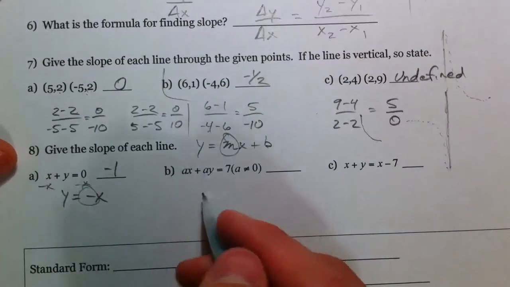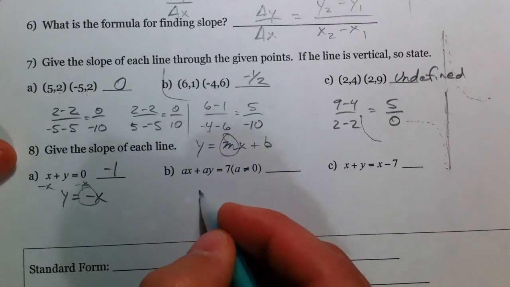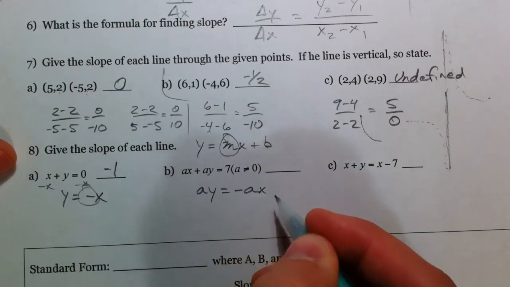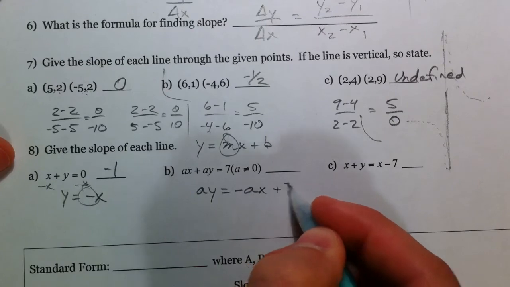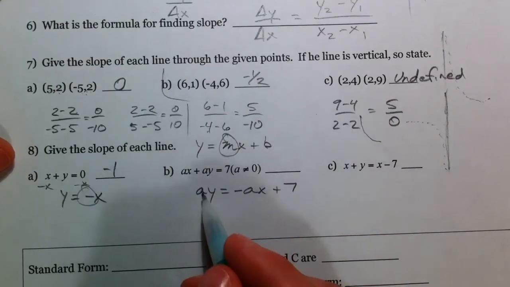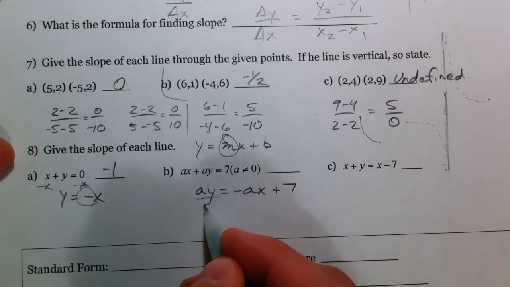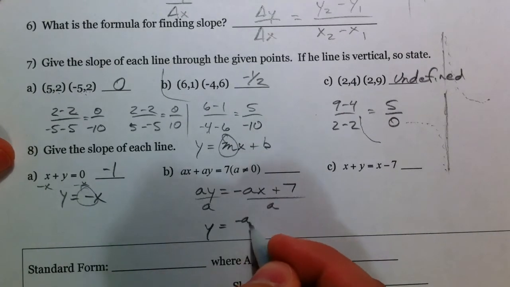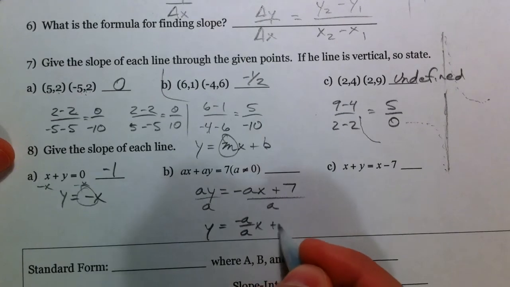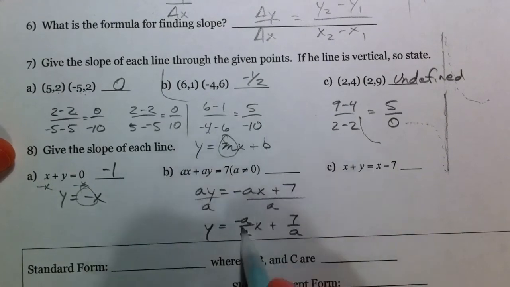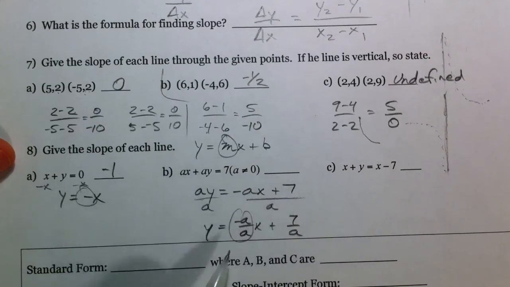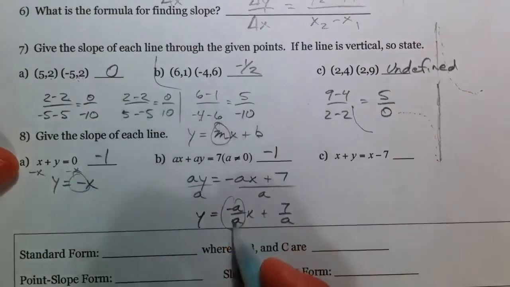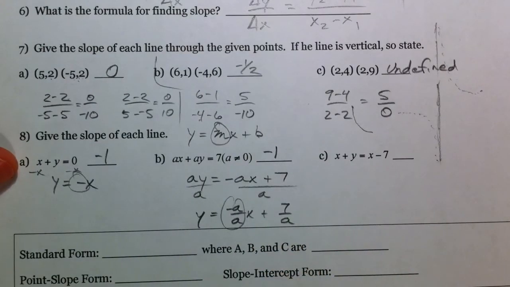Let's do the same thing with this one. Let's subtract the ax to the other side, plus 7. And then let's divide by a. Y equals negative a divided by a plus 7 divided by a. All we're interested in is this. Anything divided by itself is 1, and because it's got a negative in front, it's negative 1. So reduce the fraction.